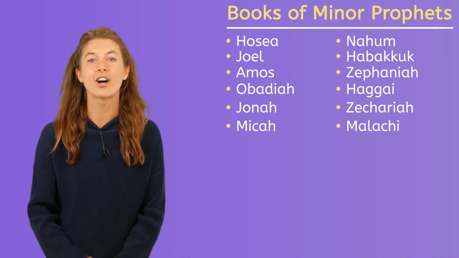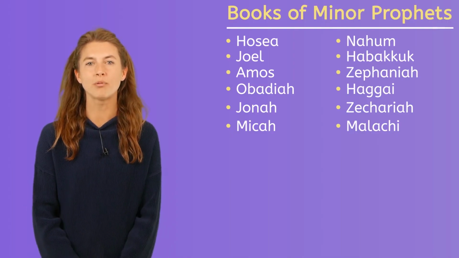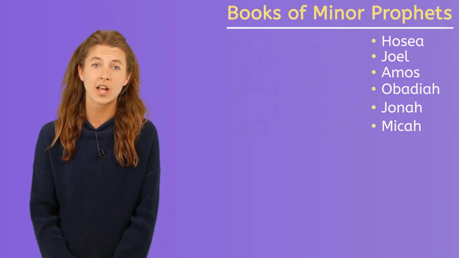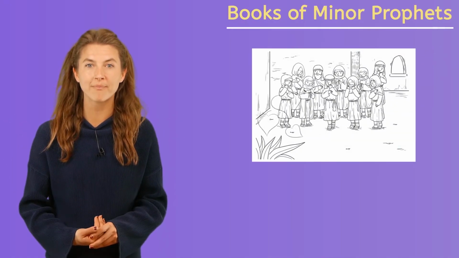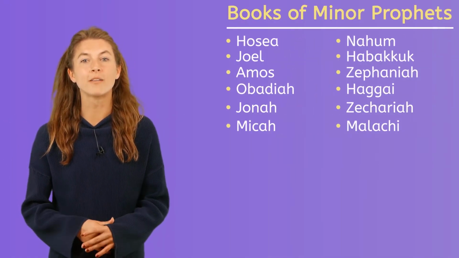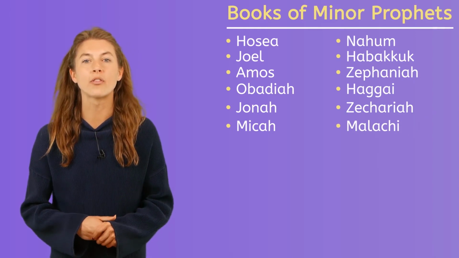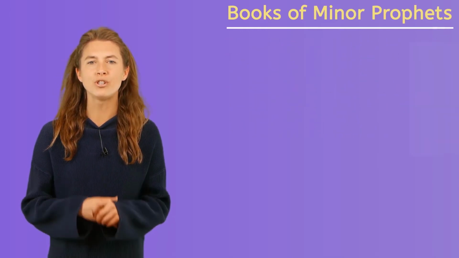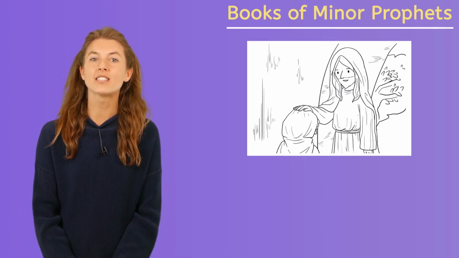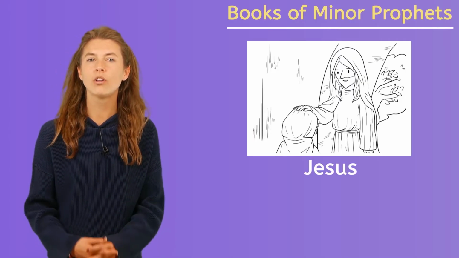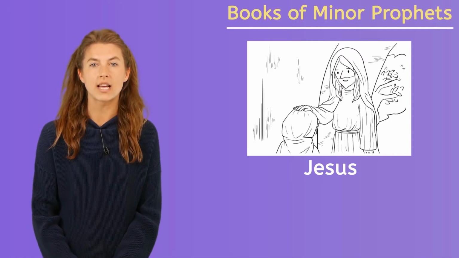These shorter books talk a lot about punishment for the people who don't follow God's law. They also tell the greater picture of God and His love for His people. The last book, Malachi, ends by telling about the one to come. Do you know what that might be? Christians believe this is talking about Jesus. You'll learn more about Him in the books of the New Testament.